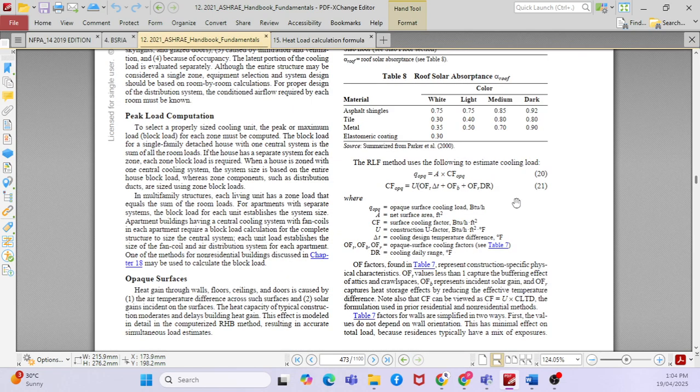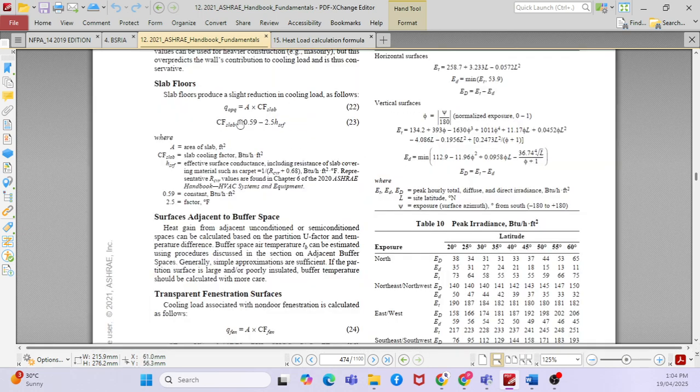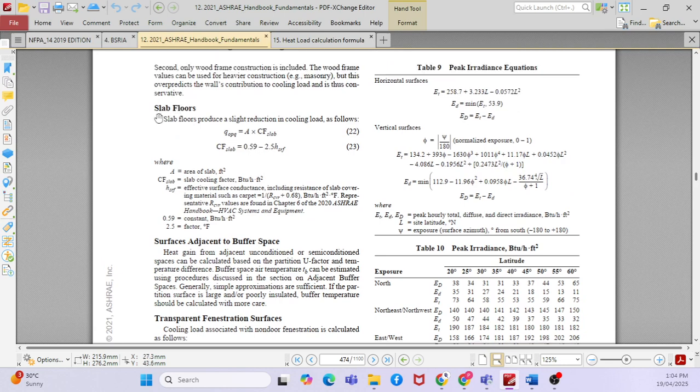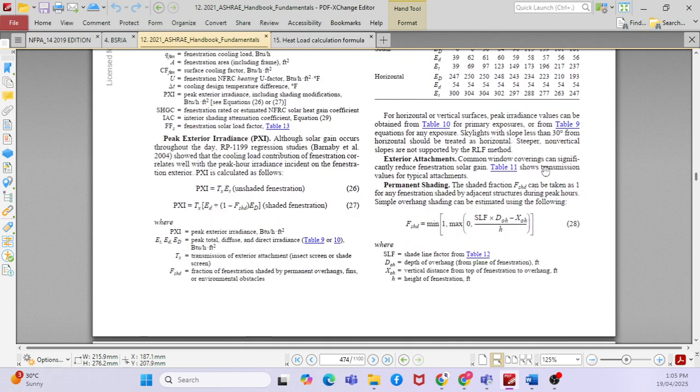There is also an equation for slab floors. Whenever you do ground floor calculations, slab on grade, you use those equations.